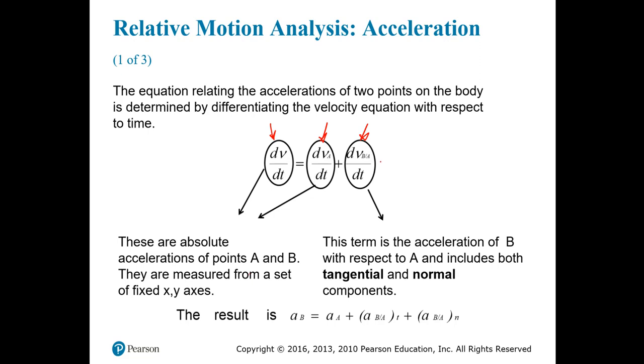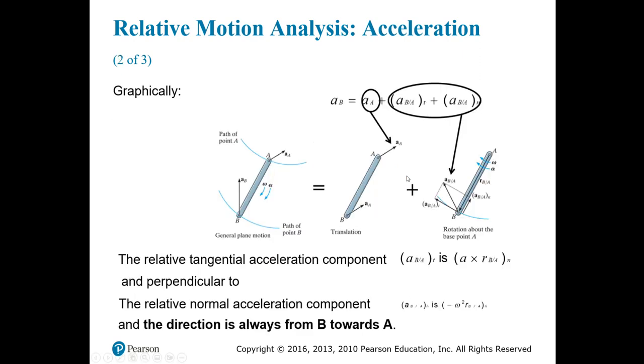When it comes to this one, which is what we are more focused on, we will divide it into tangential and normal components. Relative accelerations into tangential and normal components, and it's just the exact same thing that we've been working with from day one when we talked about acceleration in terms of tangential and normal components.